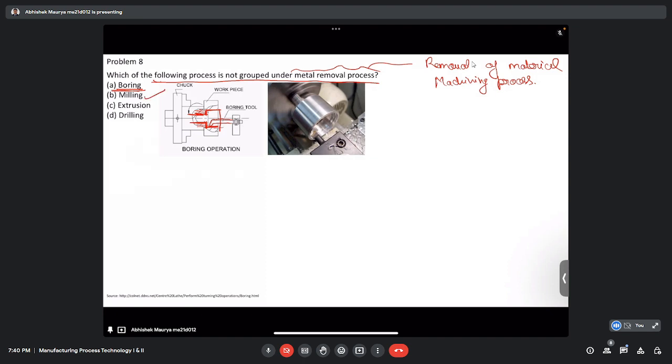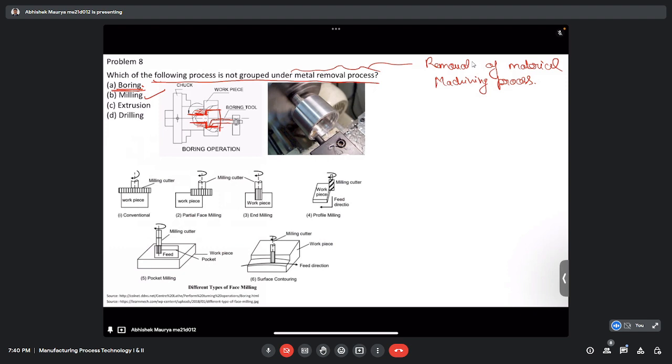Next one is milling. What is milling? In milling, we are trying to create some surface, either a flat one or a curved one.